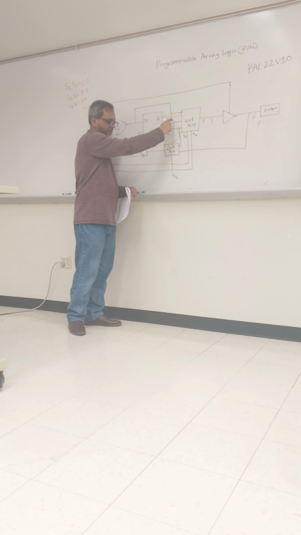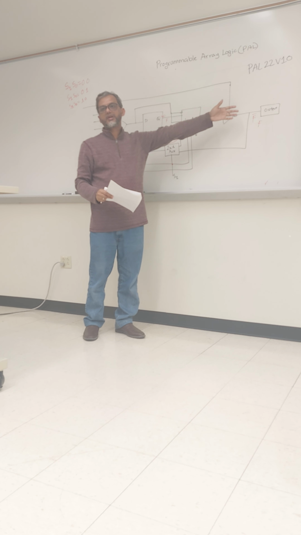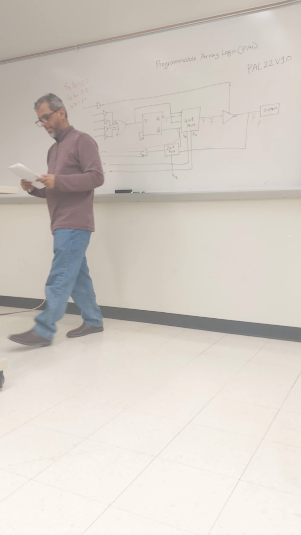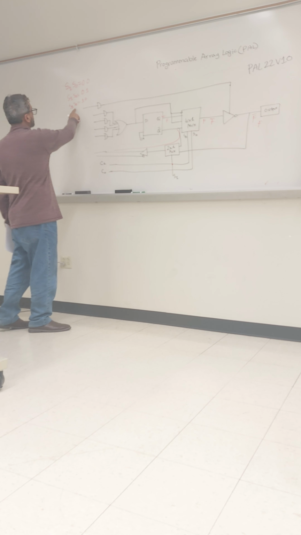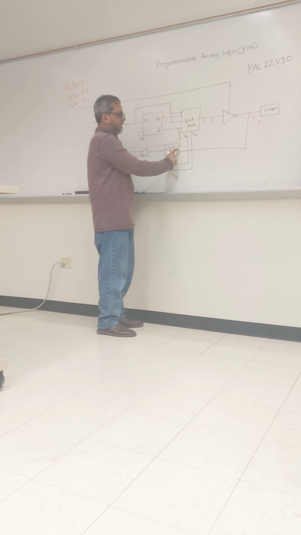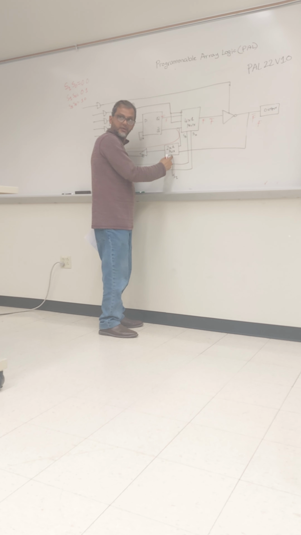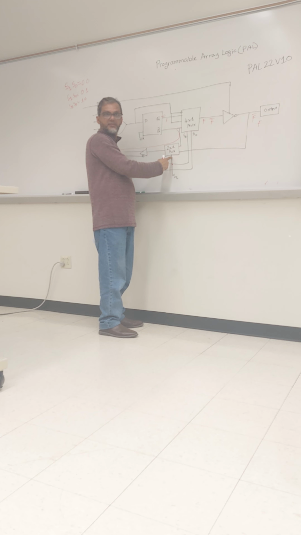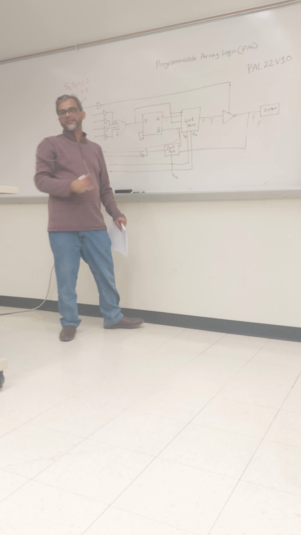And if this tri-state buffer is on, it will give the inverted output. And the same output is fed back to the input, because now S1 is equal to 1. S1 equal to 1 means the mux will take from this way, from the OR gate.